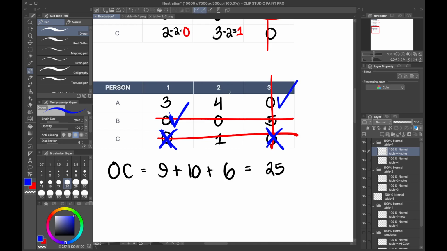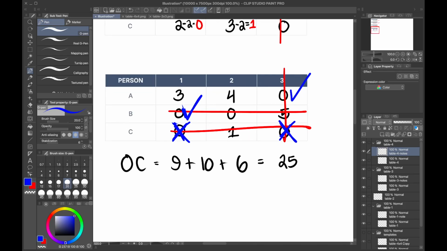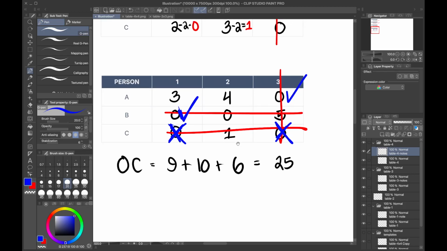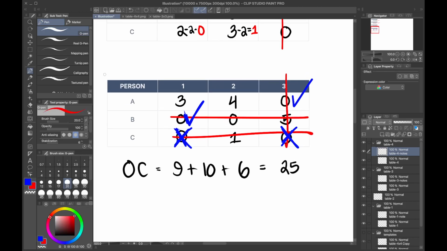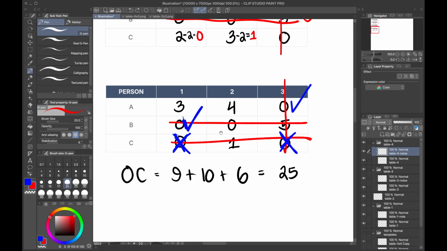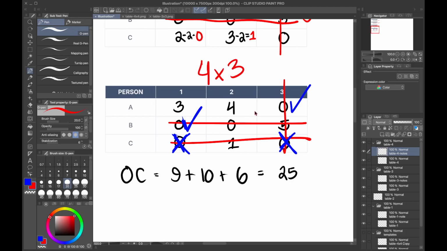Here you can see that one person did not get a project. If I'm not mistaken, since assignment method should be 1-to-1, then this would not be the answer. However, if it's a table such as a 4x3, then this would be an acceptable answer. So I think the answer would now be just 25.